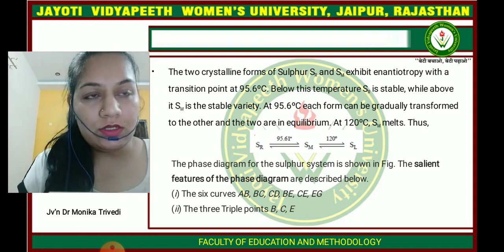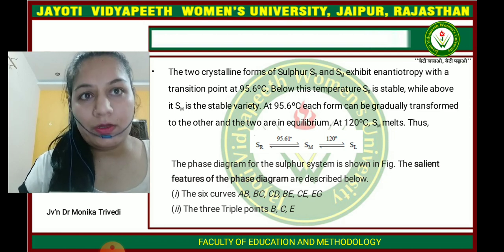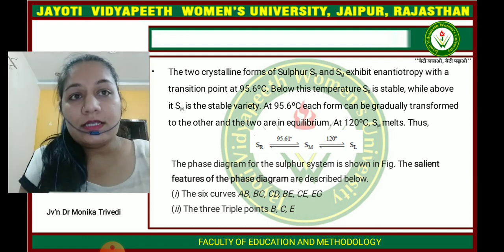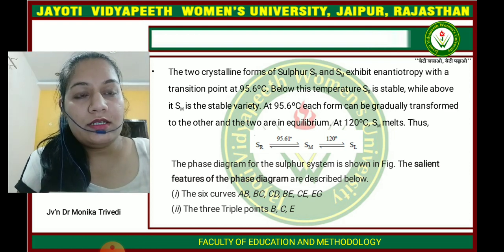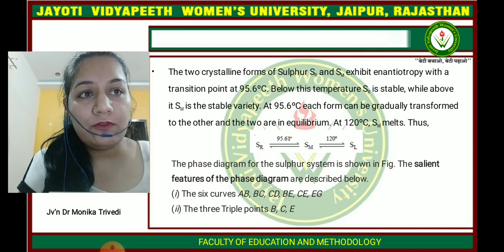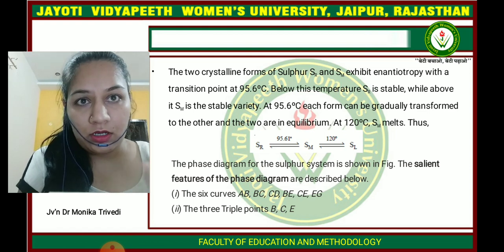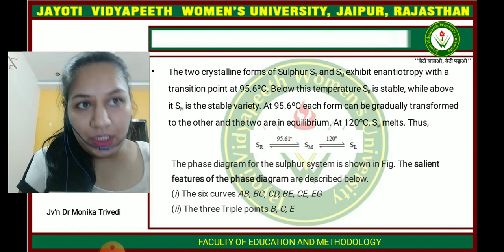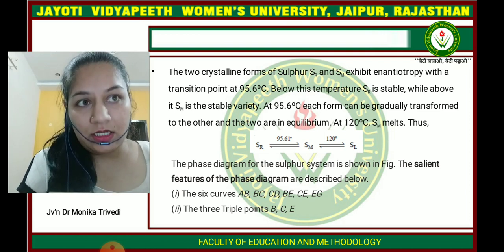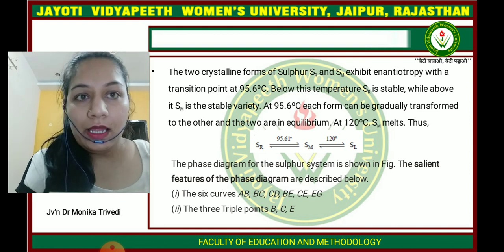Below this temperature sulfur rhombic is stable, while above this temperature sulfur monoclinic is stable. So at 95.6 degrees centigrade, each form gradually transforms to the other form, and thereby they are present in equilibrium. But at a temperature of 120 degrees centigrade, sulfur monoclinic melts and converts into sulfur liquid.